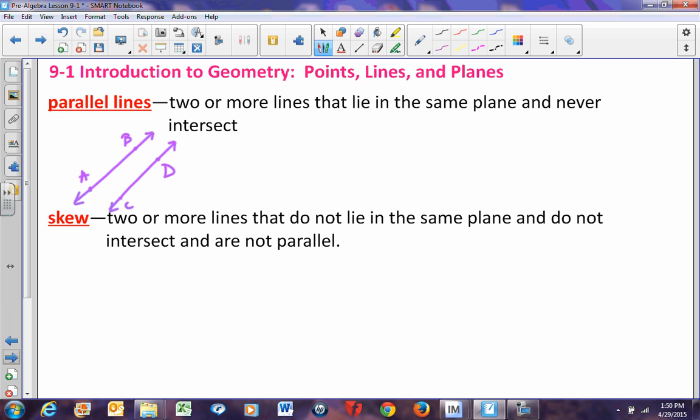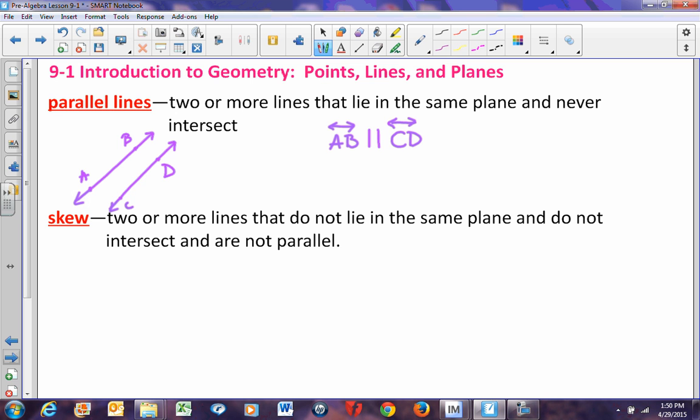If I wanted to tell you that line AB is parallel to line CB without actually having to write out all those words, I would tell you that line AB, it's a line, so I have to use a line symbol, is parallel. The symbol for parallel looks like two lowercase l's, to CB.